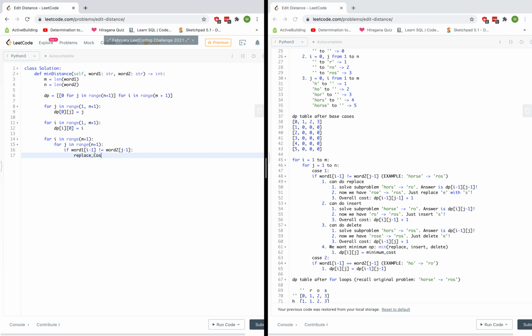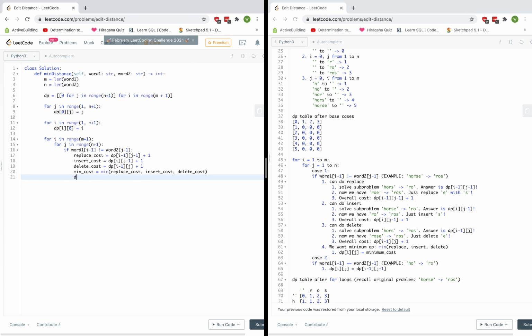Replace cost is going to be equal to dp i minus 1, j minus 1, plus 1. Insert cost is going to be equal to dp i, j minus 1, plus 1. Delete cost is going to be equal to dp i minus 1, j, plus 1. The minimum cost is going to equal min of replace cost, insert cost, and delete cost.